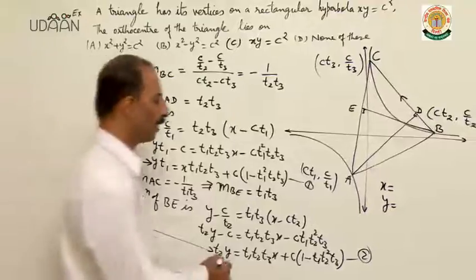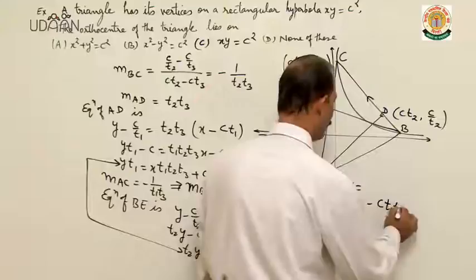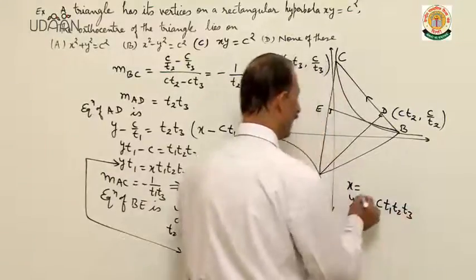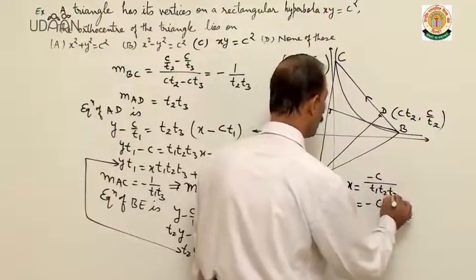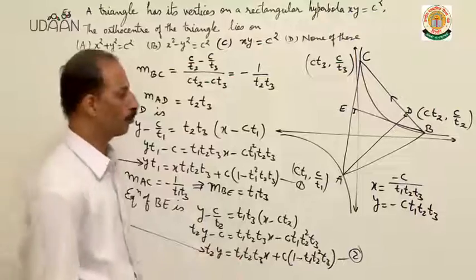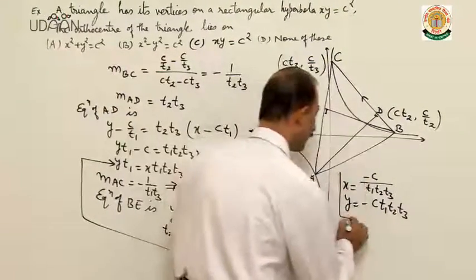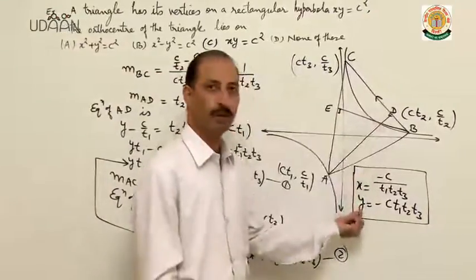So y coordinate I am writing directly here, minus c t1 t2 t3, and x you will get minus c upon t1 t2 t3. When you put the value of y in either equation 1 or 2, you get the intersection point, the coordinates of the orthocenter.